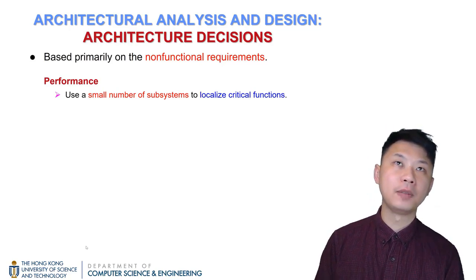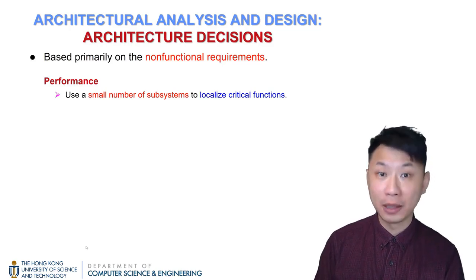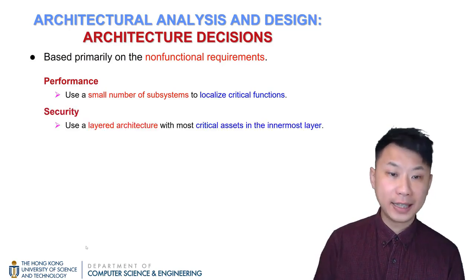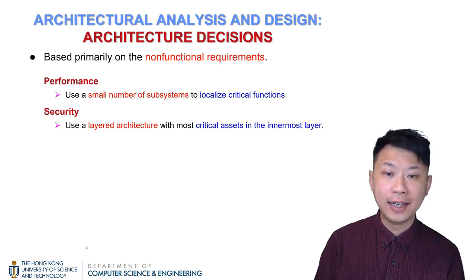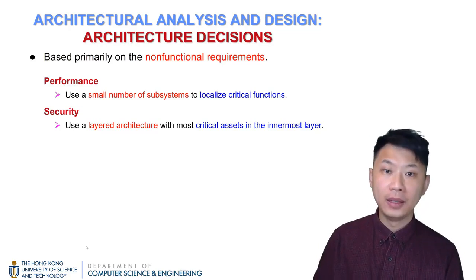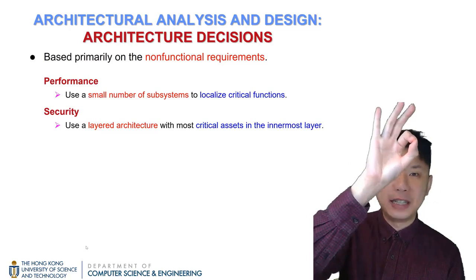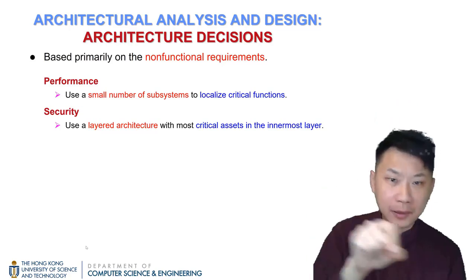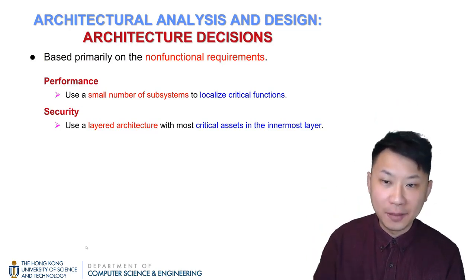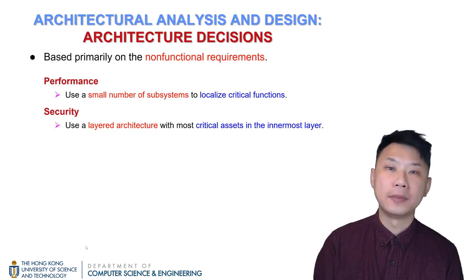Then when we perform some functionality within the system, we simply have to refer to a small number of subsystems. And if we want security, we can use a layered architecture with the most critical subsystems in the innermost layer. We can also make it closed layer, so that if we want to access something critical, we have to go through multiple layers before we can reach the innermost layer to access those most critical subsystems.